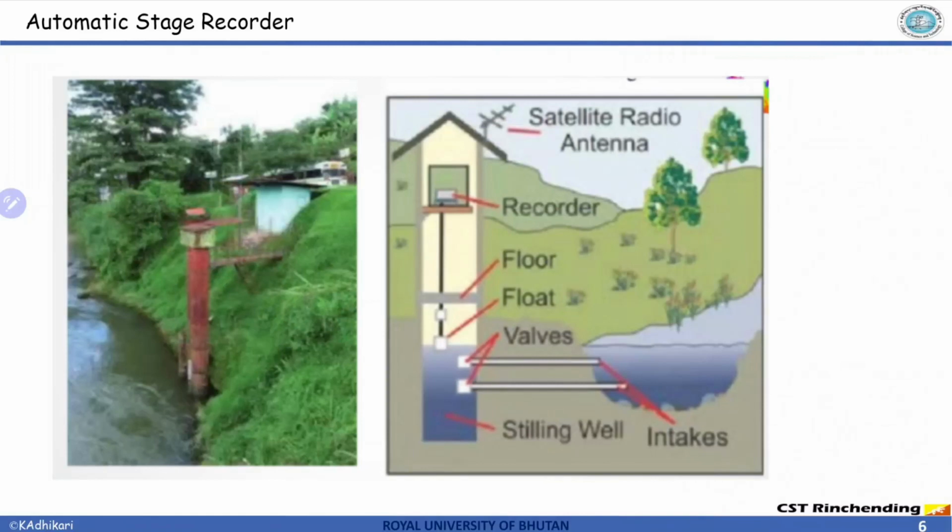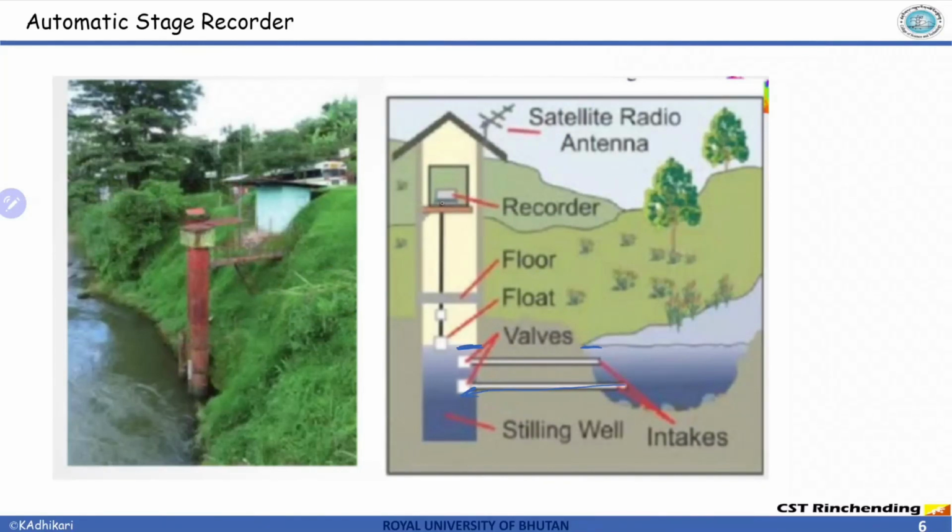And there are other automatic stage recorders like the one seen in the image. What they do is construct a well whereby water is channeled to the well, and because of the pressure, the water surface elevation at this point will remain the same, right? Because the pressure is the same.